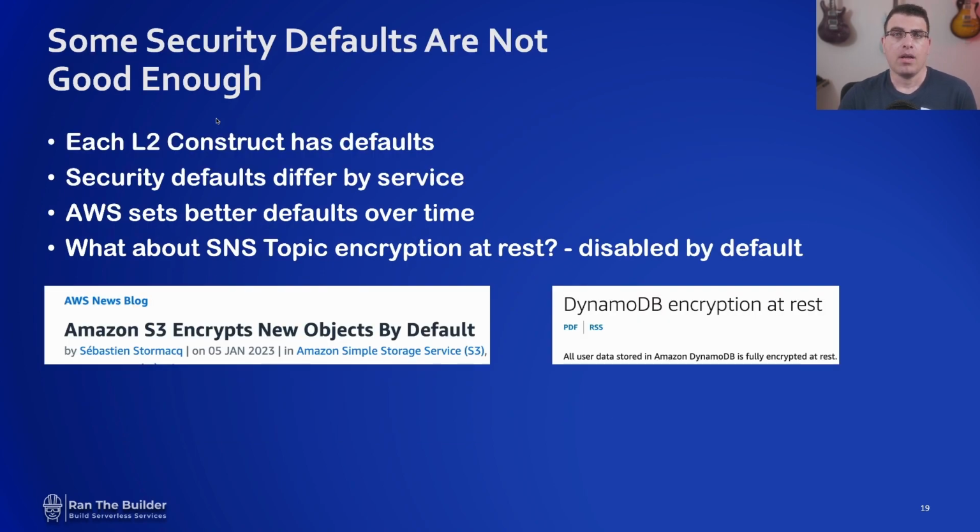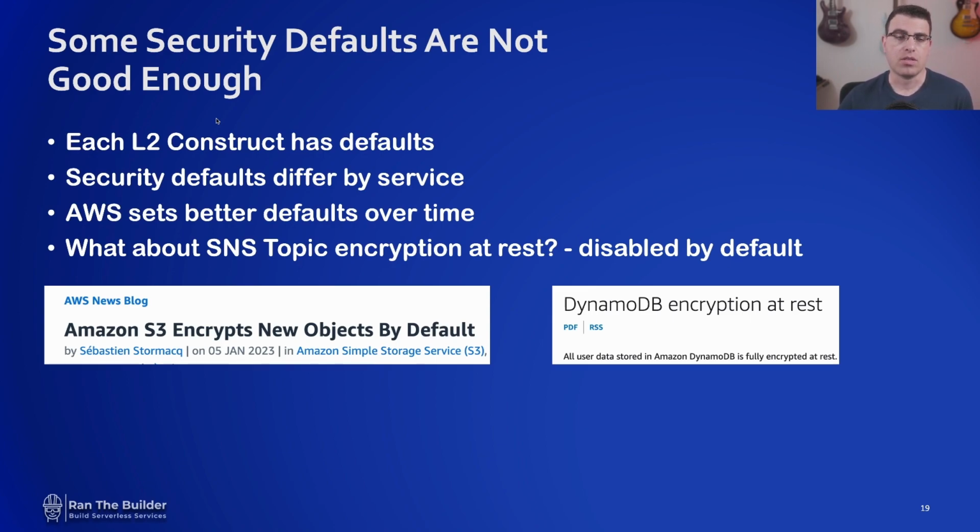Now, when you define constructs, basically all the higher abstraction constructs like the L2, L1, sometimes they have defaults for security, right? Now, sometimes security defaults are good, sometimes they're not. It differs by the construct. And I did notice that AWS does get better at this over time.